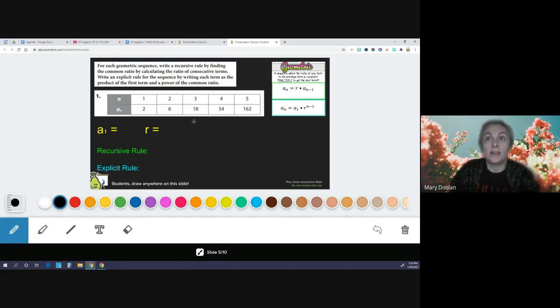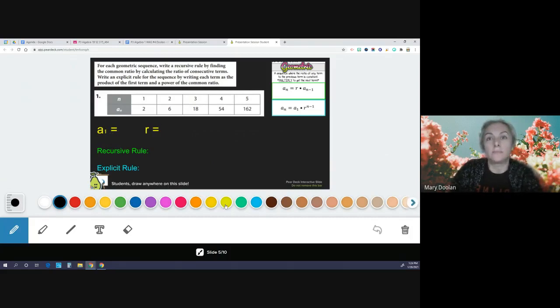All right, and so for both of these rules, it's a good thing to start with: just figure out what's the first term in the sequence and label it, okay? In this case, we're using a sub 1. It's also f of 1, same thing.